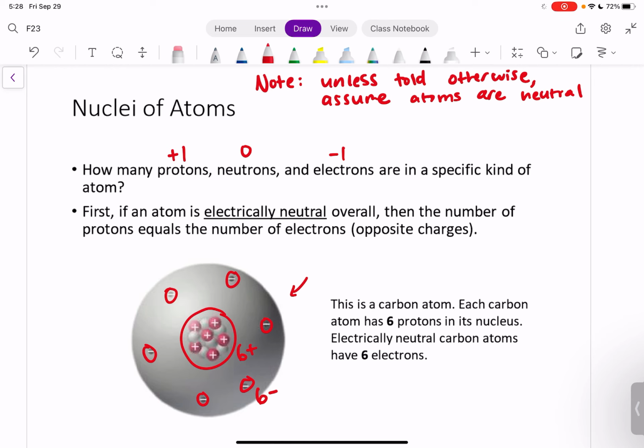So you'll see here that this carbon atom is neutral, right? These neutrons here are not contributing to the charge. The positives, we've got 6 of them, are protons, and we've got 6 negatives. So those charges cancel out. And this is what's happening in any neutral atom. The number of protons is equal to the number of electrons. So if you know the number of protons, you can figure out the number of electrons.